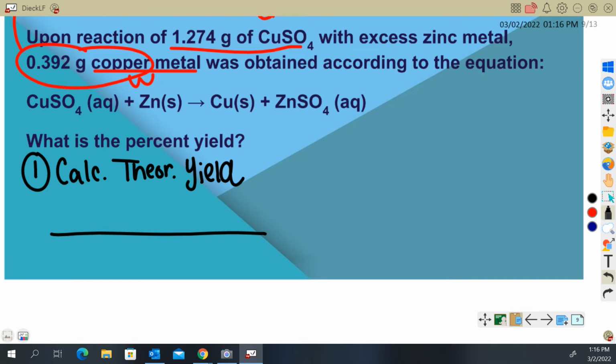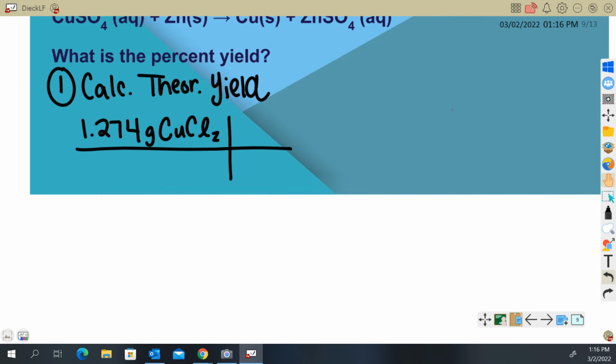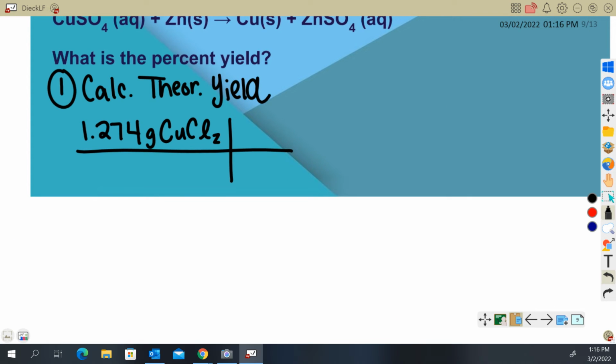So our given in this equation is 1.274 grams of copper sulfate. Anytime I start with grams, what goes underneath grams? The molar mass. So we need the molar mass of copper sulfate. Oh my God, I wrote copper chloride.